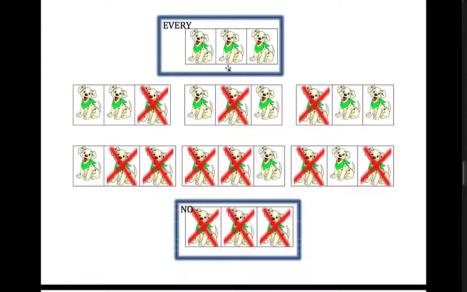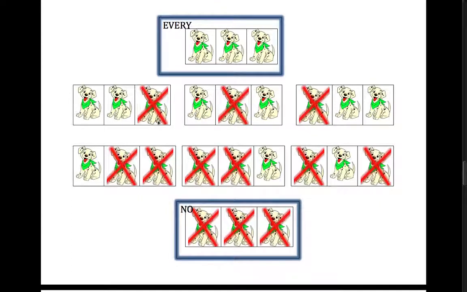So looking at these two, what can I say? Well, it should be clear that they can't be true at the same time. So, you want to look inside to say the sentence is true in these situations. "Every" is true only in this one, and "no" is only true in this one. So they clearly can't be true at the same time. What about false? Well, to be false, you just have to be outside of the box, the set in question.